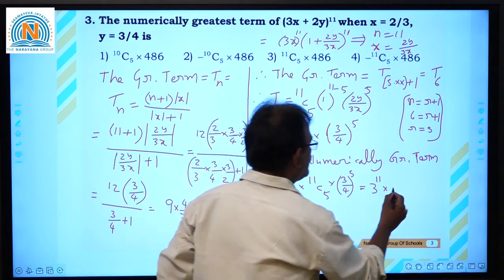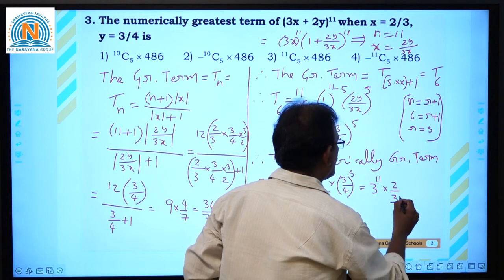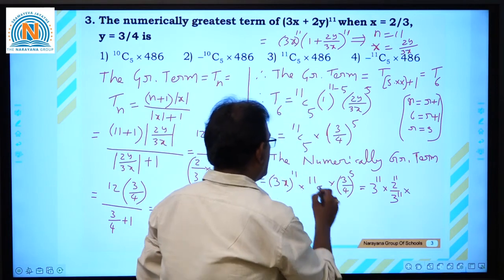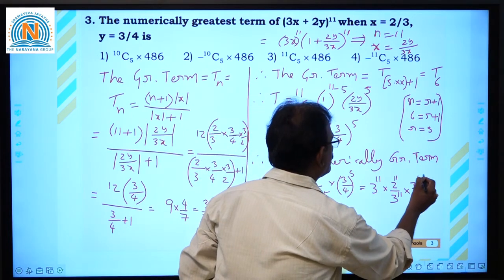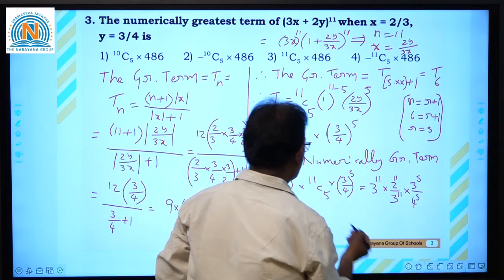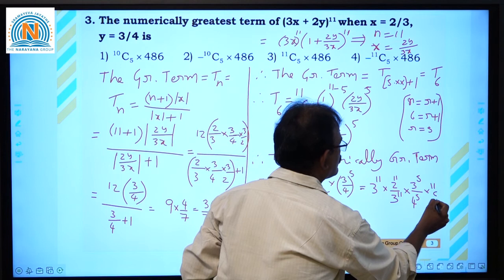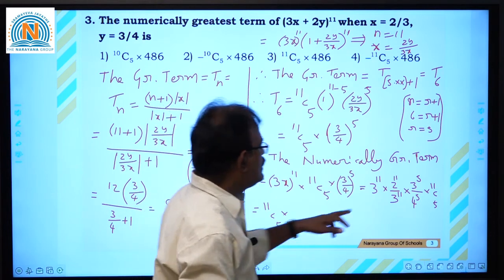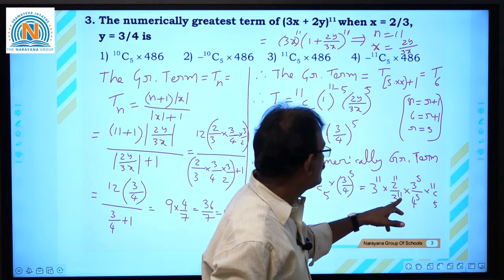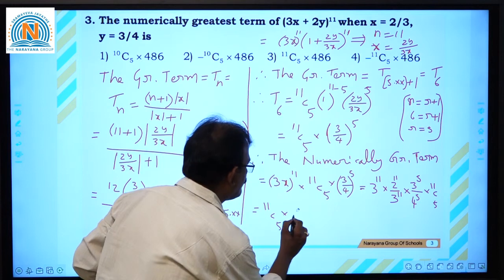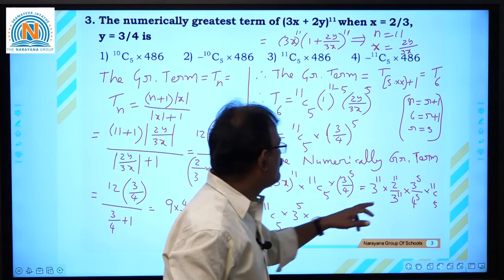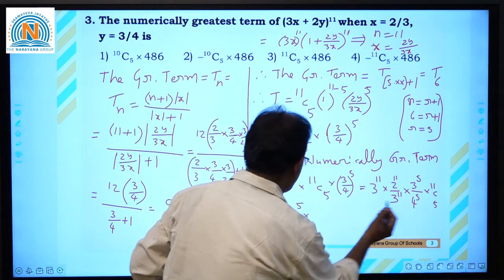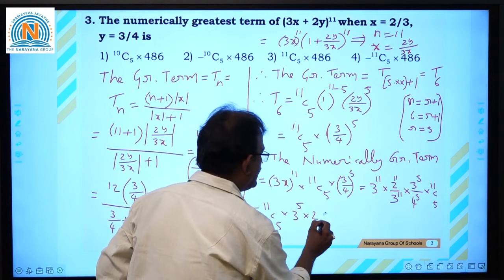So 2 by 3 whole power 11. That means 2 power 11, 3 power 11, into 3 power 5 by 4 power 5, into 11C5, of course. Now you take 11C5 first, then 3 power 11 and 3 power 11 get cancelled, then 3 power 5 is there. Then 2 power 11 by 4 power 5, which means 2 power 11 by 2 power 10, then this is 2.